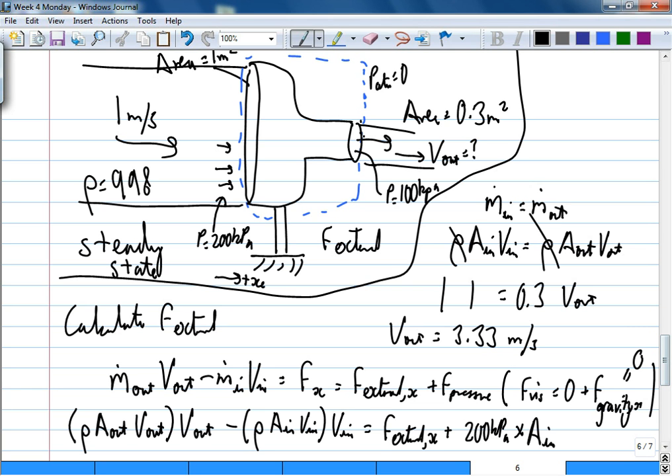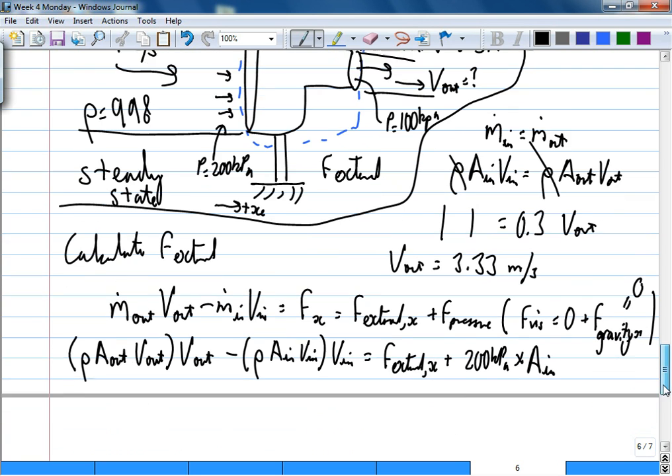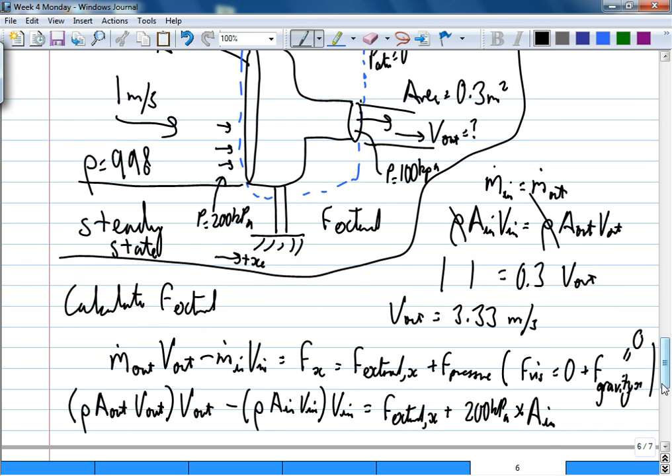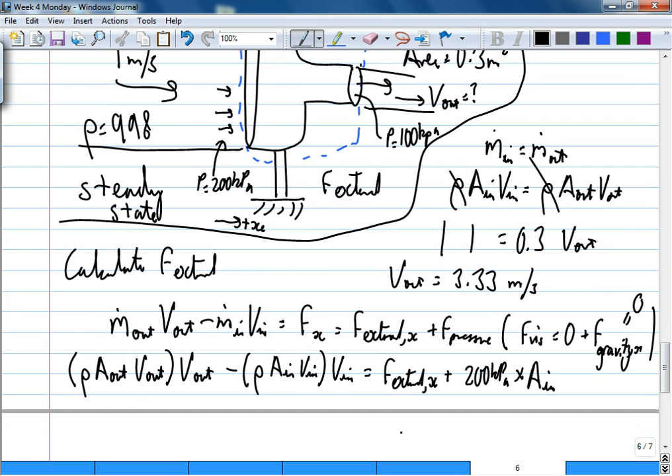On the right hand side, I have 100 kPa. Area in is what? Area out, sorry. But this is negative. Look carefully here, I draw negative. Why?